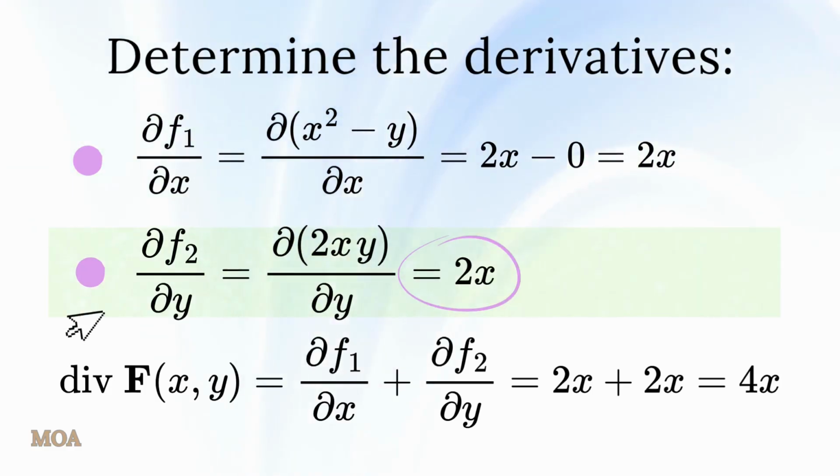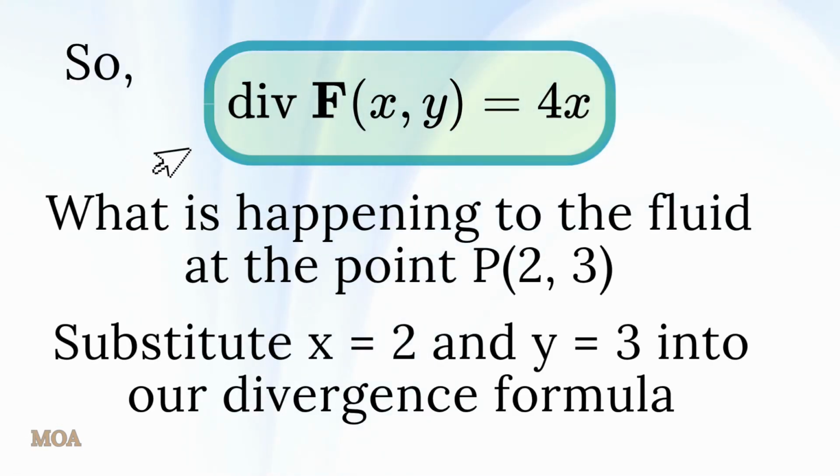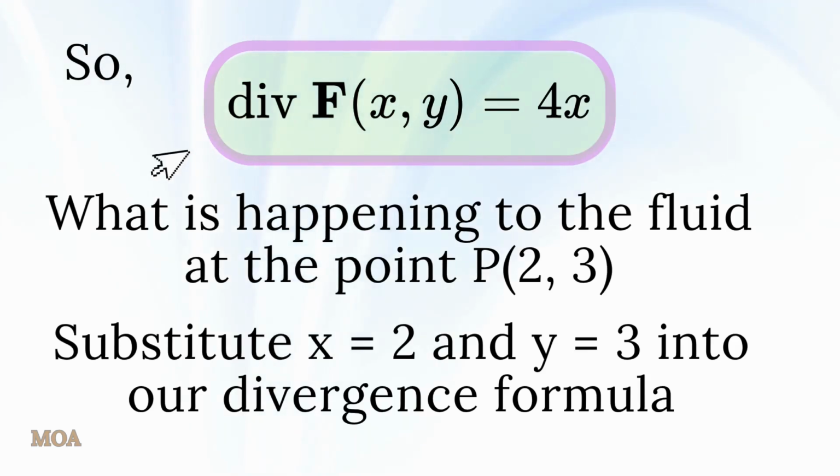Likewise, for f₂, the partial derivative with respect to y also gives 2x. Now, by substituting these back into our previous formula, the divergence of the vector field F equals 2x plus 2x, which is 4x. So, the divergence of F(x, y) equals 4x.